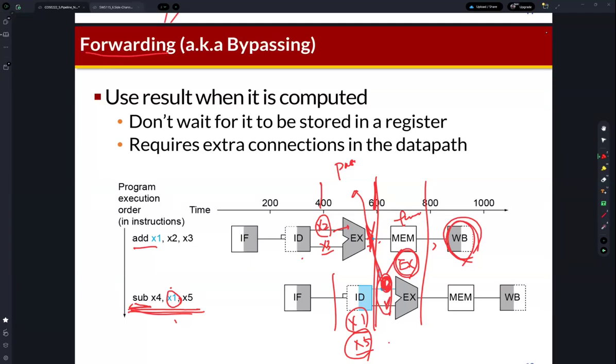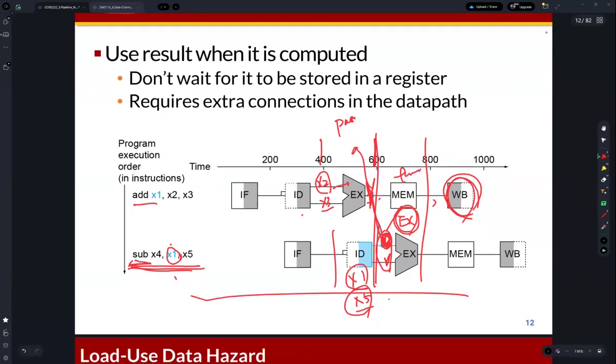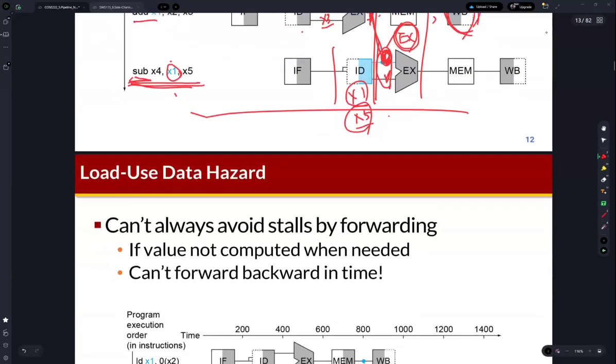But this data hazard can be resolved using data forwarding. Okay. So this is very important. And using data forwarding, we can avoid many data hazards, right? So we can improve the performance.